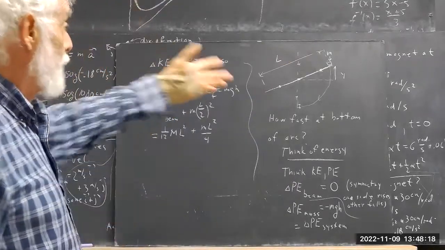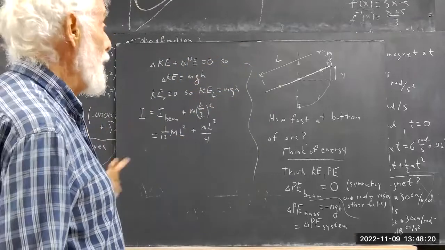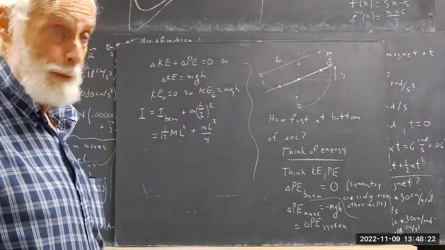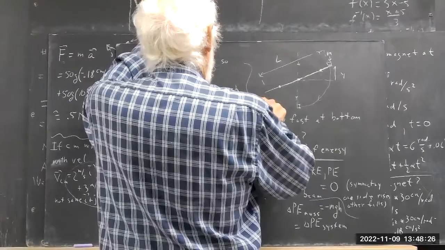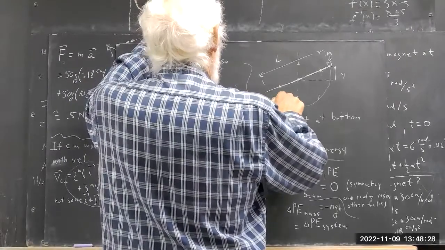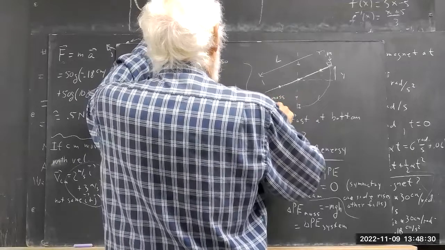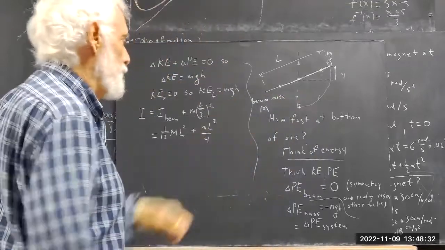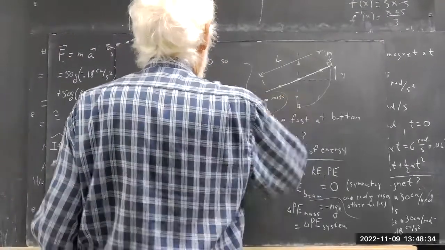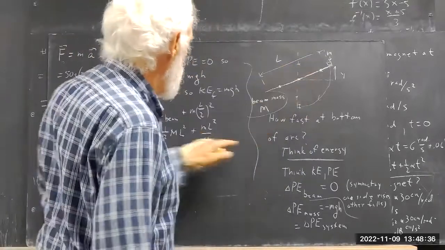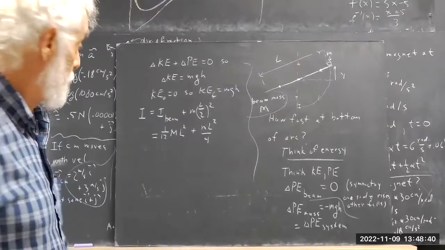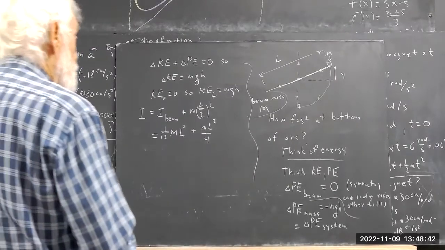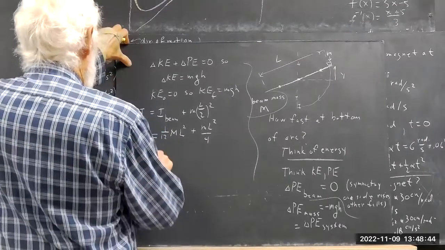But you understand that if I give you the mass and the length and the mass of the beam, okay, so I didn't write down the beam mass. But now I get it. Beam mass is big M. Magnet mass, or whatever it is, in this case is little m, right? But there's your moment of inertia and the kinetic energy.